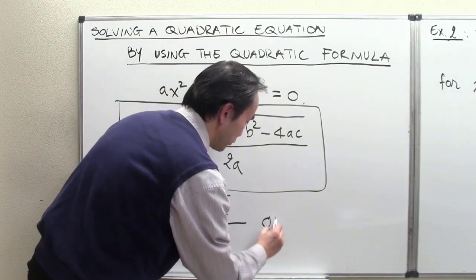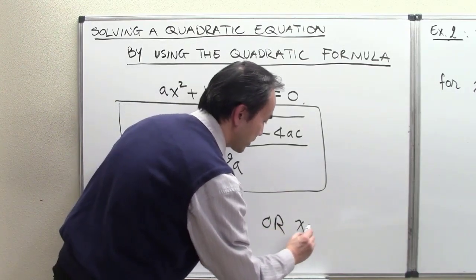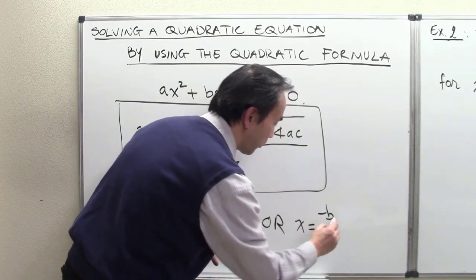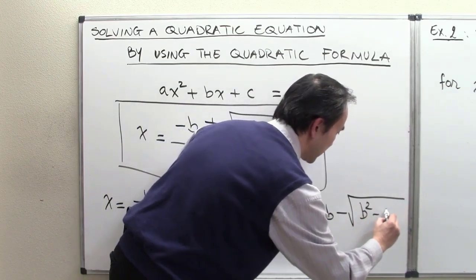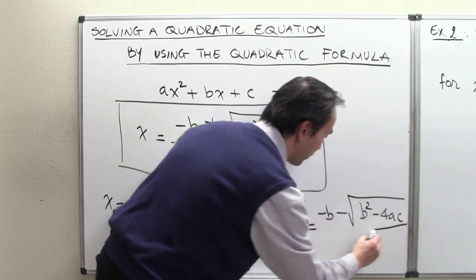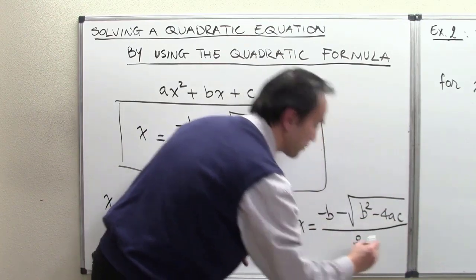Or the solution, the unknown x value, can be obtained by the other formula, minus b minus the square root of b squared minus 4ac, all over 2a.